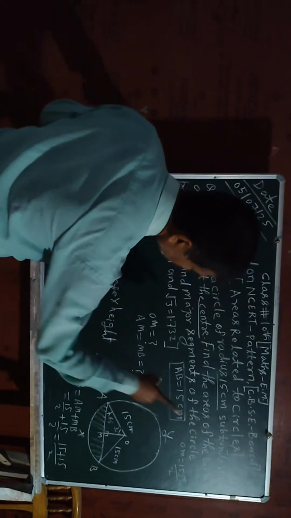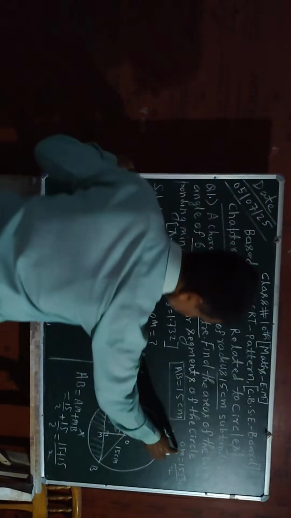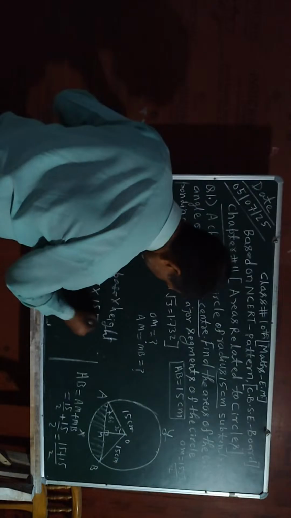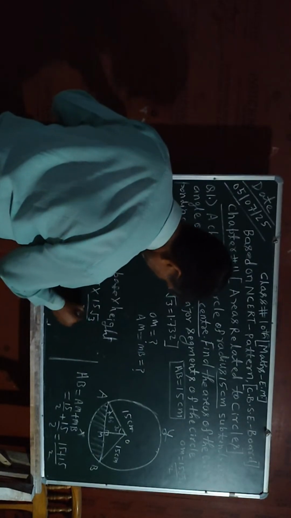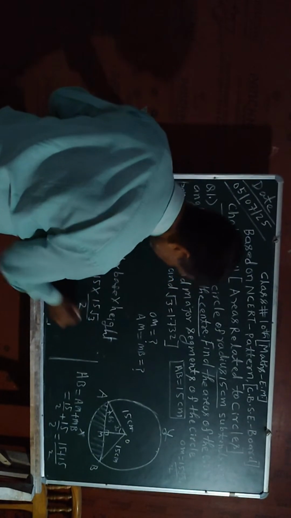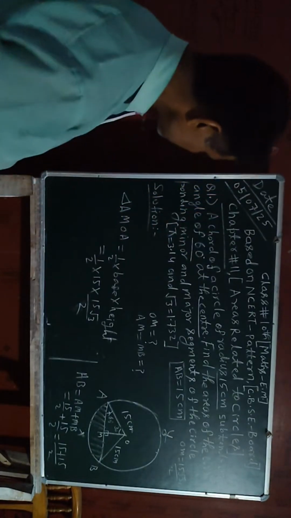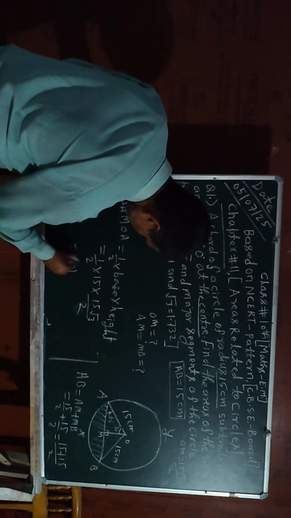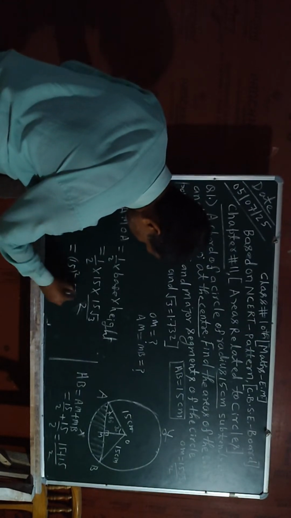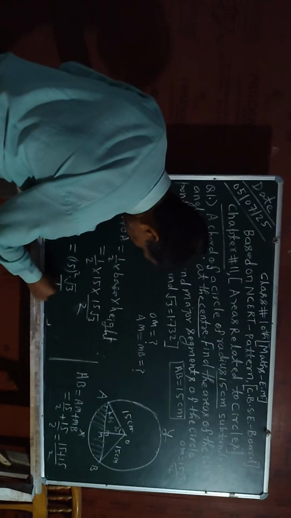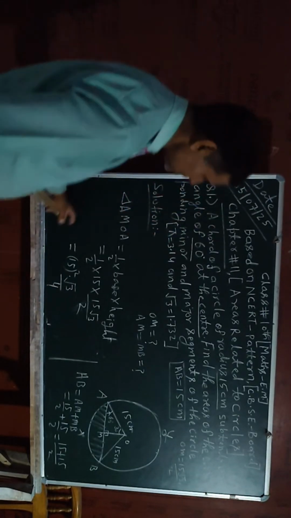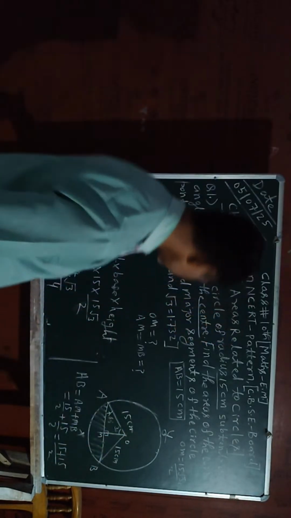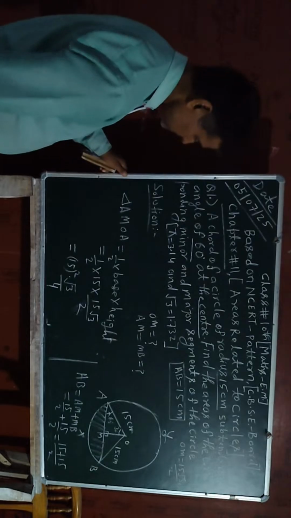The length of OM is given there as 15 into root 3 divided by 2. Here I write divided by 2. Again its value can be written as 15 whole square into root 3 divided by 4. This is the area of the triangle OAB.